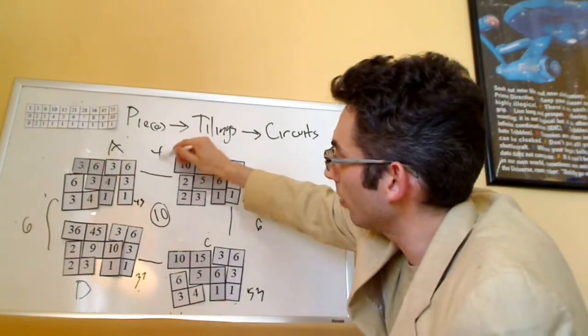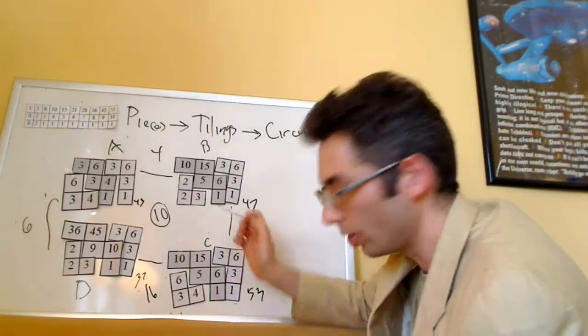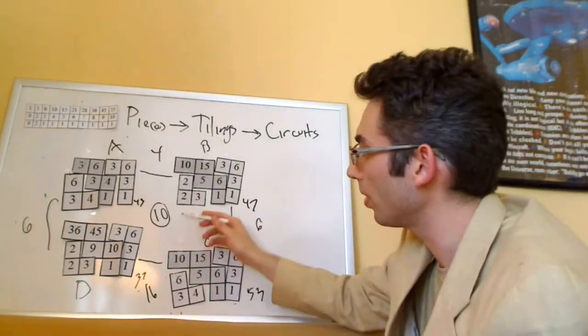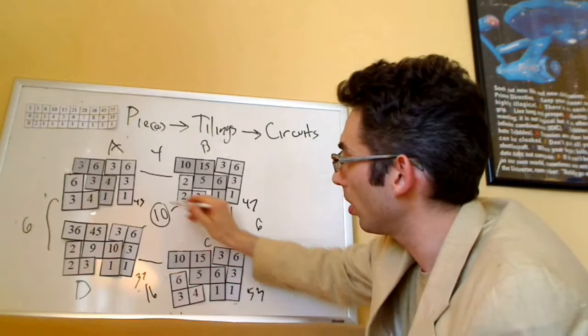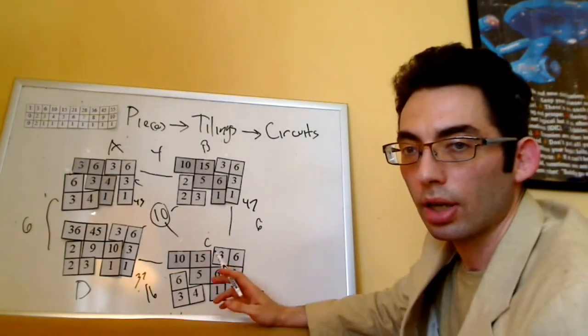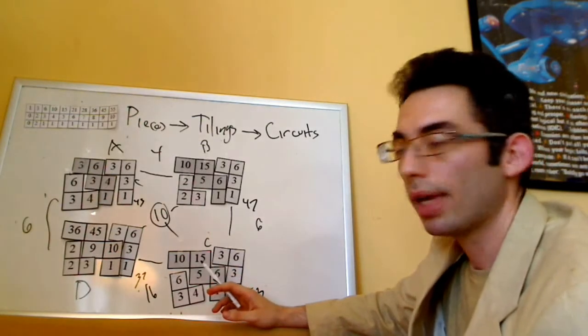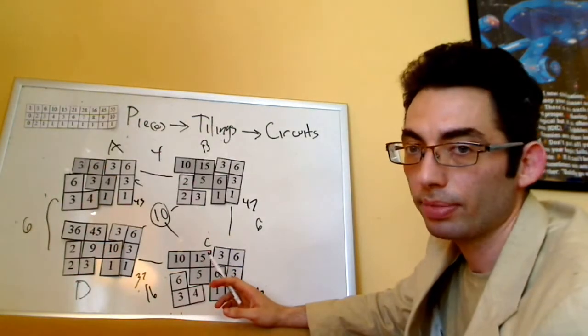So this is 4, and this is 16. 2 plus 8 is 10. So that matches. So we have found another circuit using this combinatorial geometric shortcut that makes heavy use of primes.